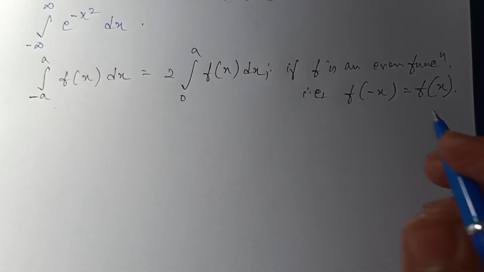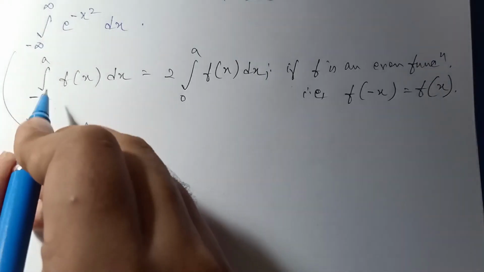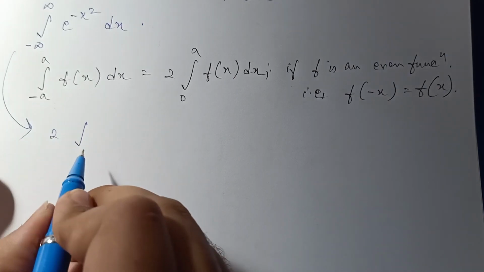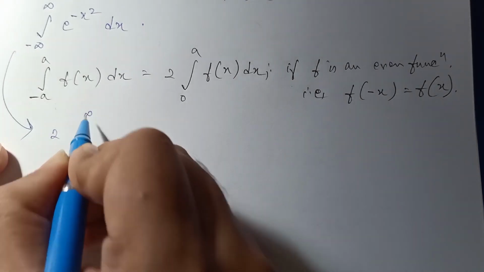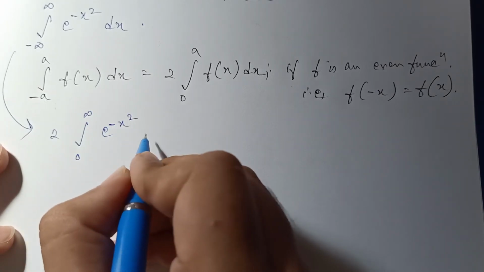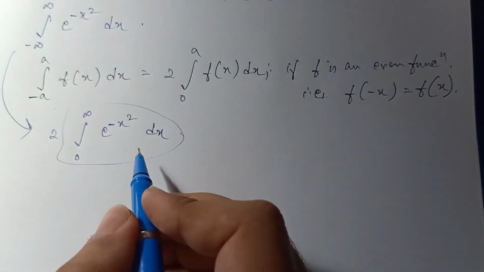Higher secondary level. So I can also write this thing as 2 multiplied with 0 to infinity e to the power minus x square dx. You already know the value of this from the previous sum.